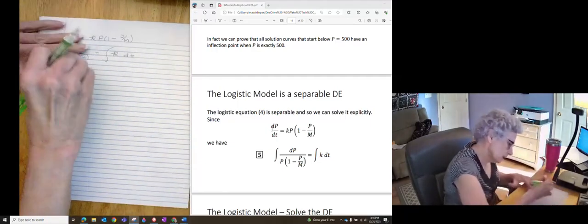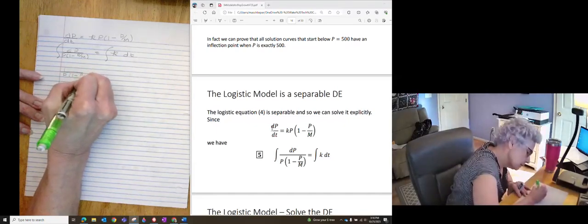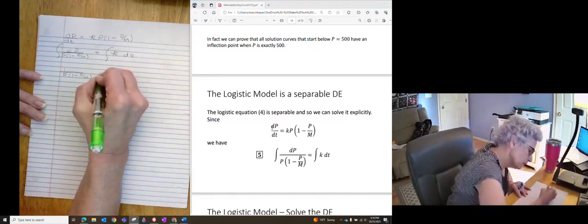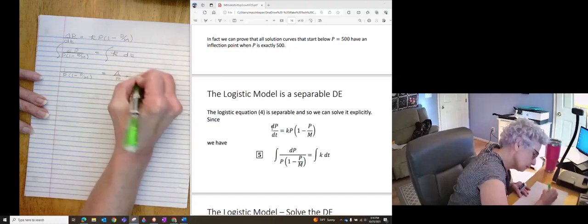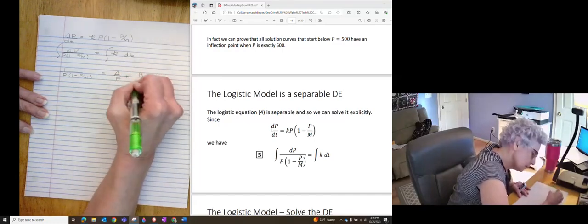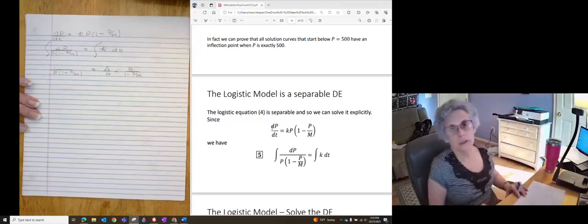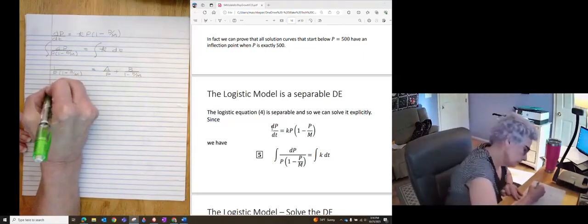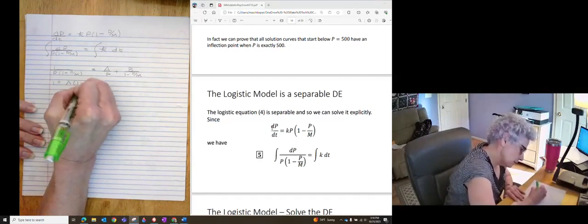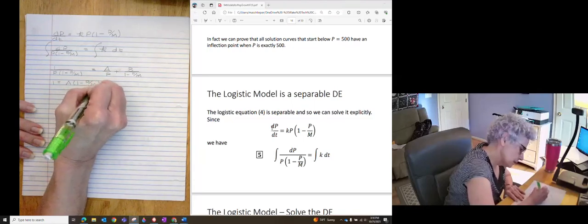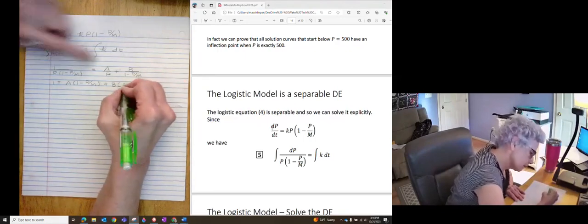Let's write 1 over P times 1 minus P over M as A over P plus B over 1 minus P over M. So 1 is equal to A times 1 minus P over M plus B times P.